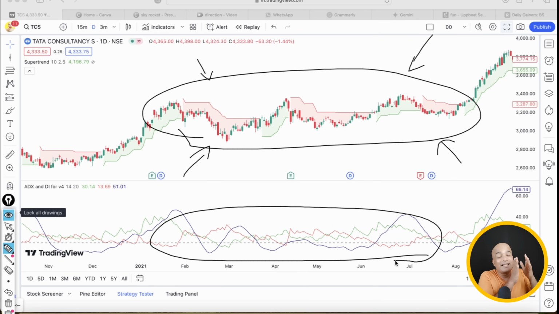We should have complete clarity about that market condition, and we should avoid the trades at any cost in that market condition, because in that market condition this indicator doesn't work properly. So we need to avoid taking trades in that market condition if we are using this indicator. Okay, so that is how one should become smart enough to use any indicator.